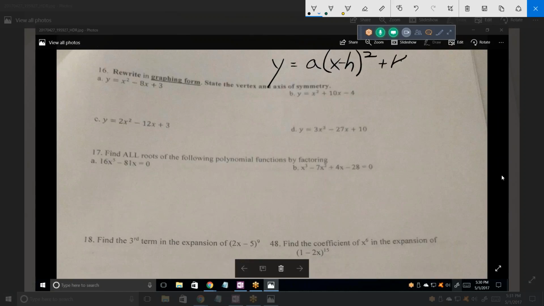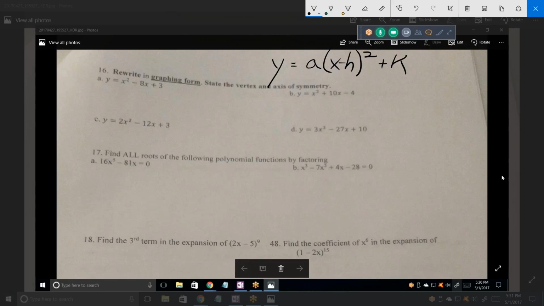So if I can put this in this format, then I'll be staring at the vertex, because the vertex is (h, k). And I'll also be staring at the axis of symmetry, which is x equals h.